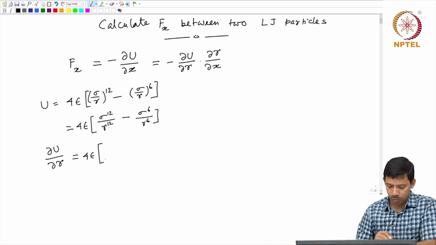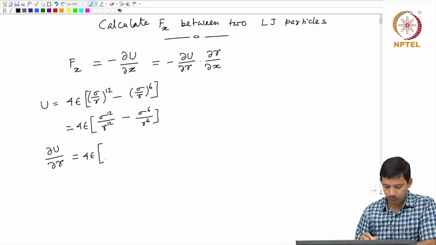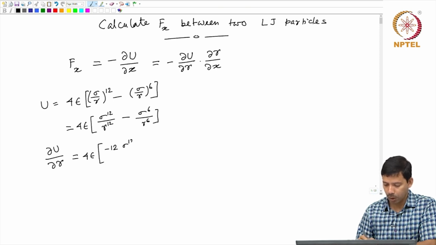Taking the derivative of r to the power 12, you get minus 12, your sigma to the power 12 remains, and then you get r to the power 13.